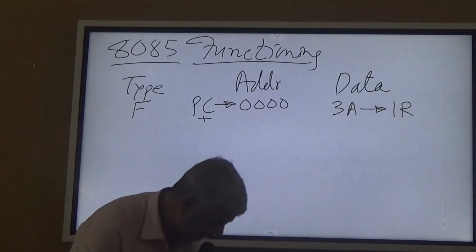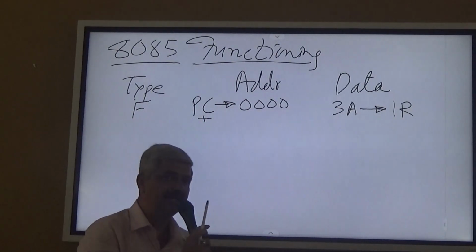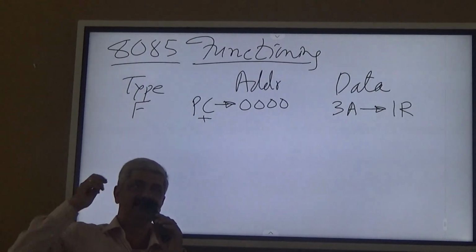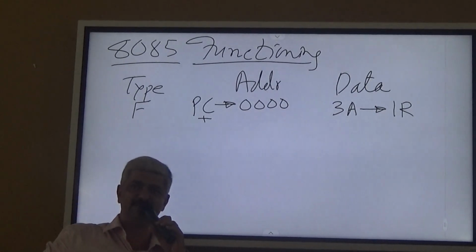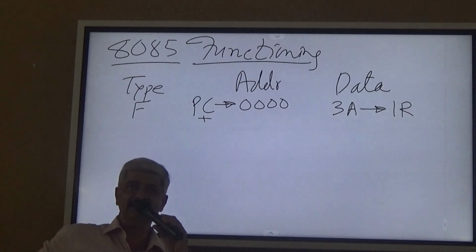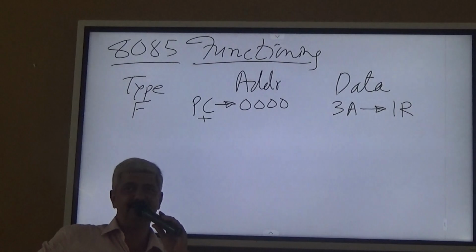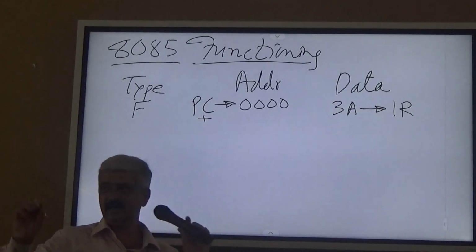After reset, 8085 has read, obviously program counter has become 0. Then by using program counter as an address, the first machine cycle is of read type, and it is reading that to know what operations to perform.